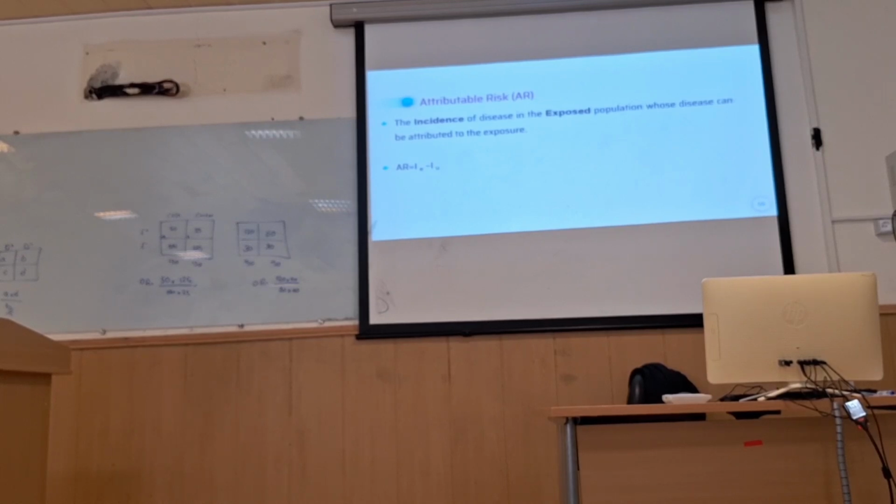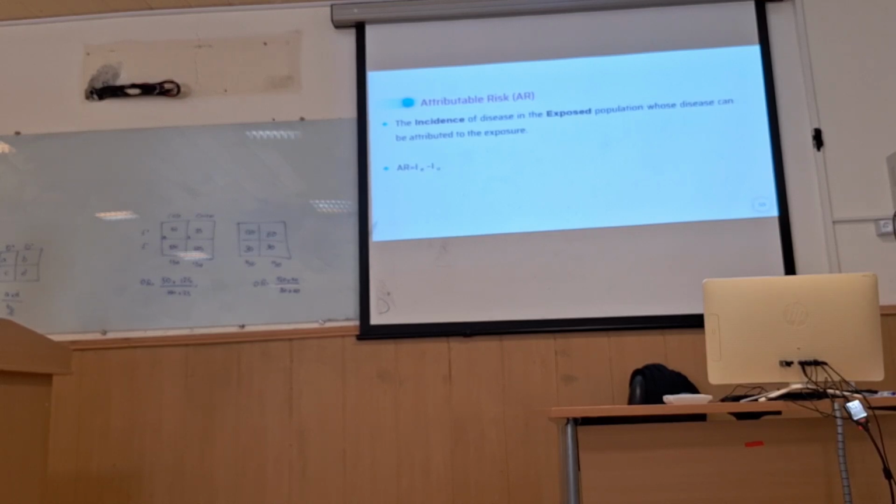Why? Because in other study designs, you cannot calculate or estimate incidence. And for calculating attributable risk, you should have incidence, because you need risk. Can you calculate risk in a case control study? No. Can you calculate or estimate incidence in a prevalence study or cross-sectional study?